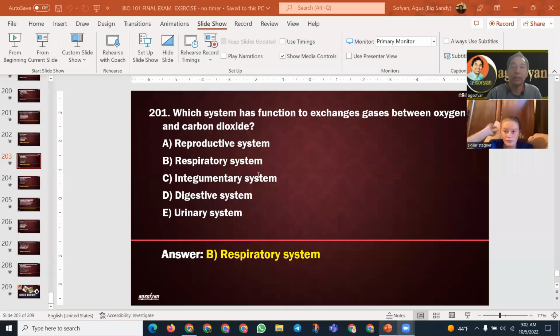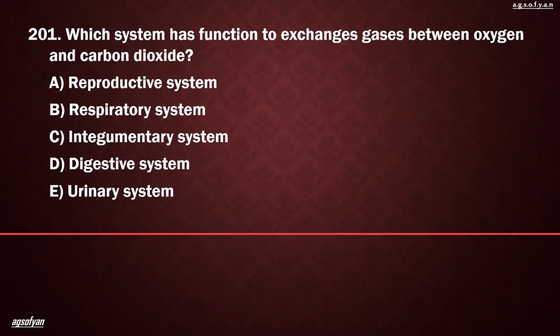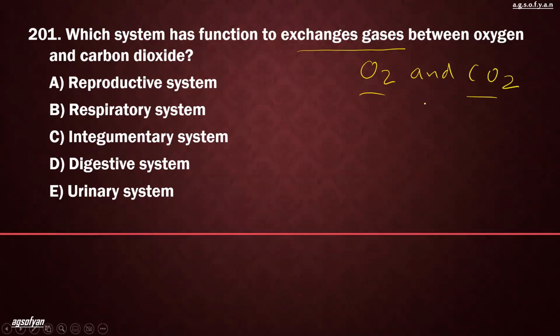Okay, we were here last time, right? Which system has the function to exchange gases, oxygen and carbon dioxide? Of course, it is not the reproductive system, right? Which one?